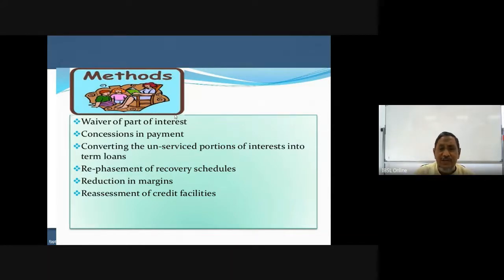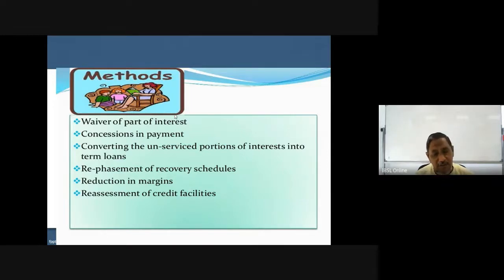That is, not the same equal amount to be recovered. Cash flow is going to fluctuate, so your recovery has to fluctuate accordingly. So that's another option available for restructuring.